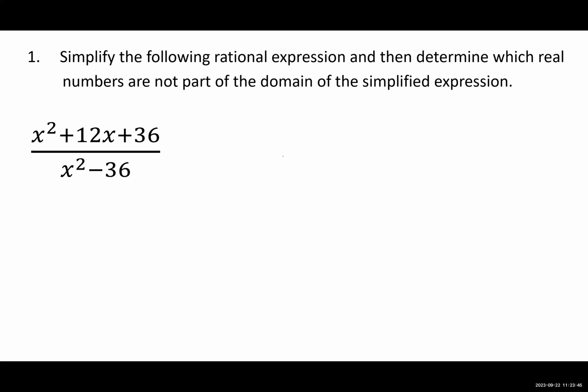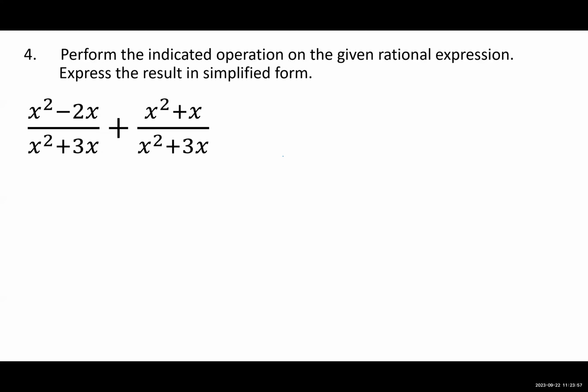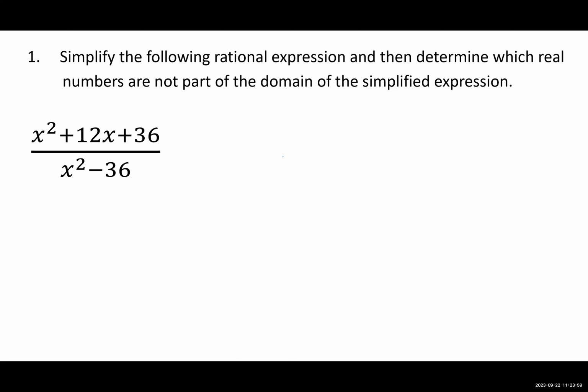x squared plus 12x plus 36 divided by x squared minus 36. You don't have to think about it. This first step is factor. In every problem, problem 1, problem 2, problem 3, problem 4, problem 5, it's all factor. Factoring is the first step.